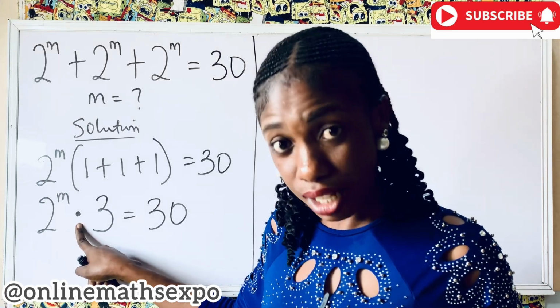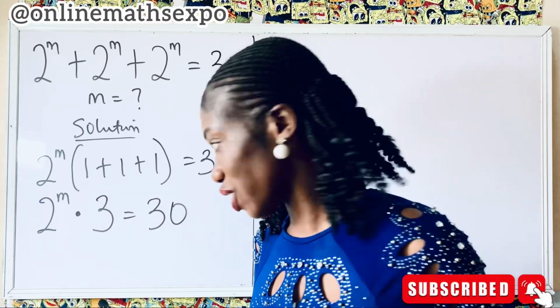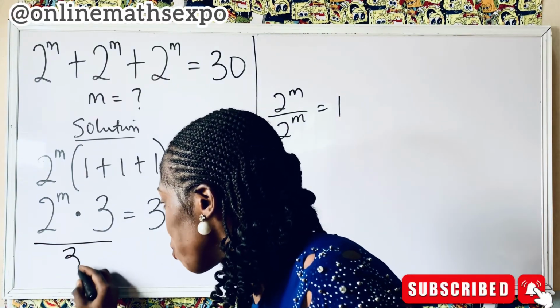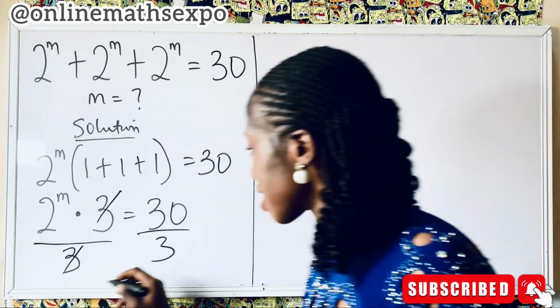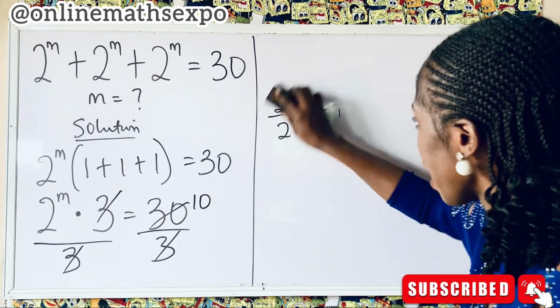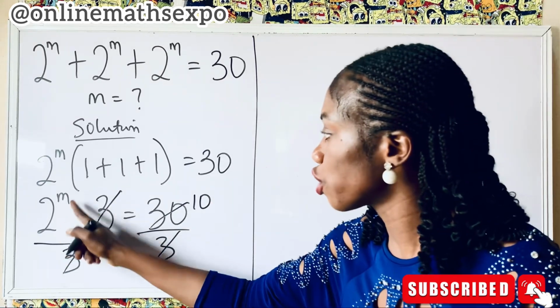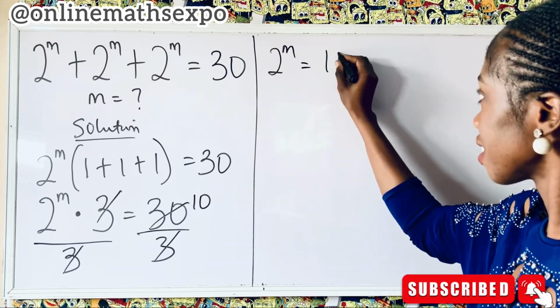The inverse is division. It is division that is used to remove multiplication. So in that case, I'm going to divide both sides by this 3 I want to remove. And if you do that, this will cancel. We are left with 10. So see what we have now. We're going to have 2 to the power of m is left and is equal to this 10.